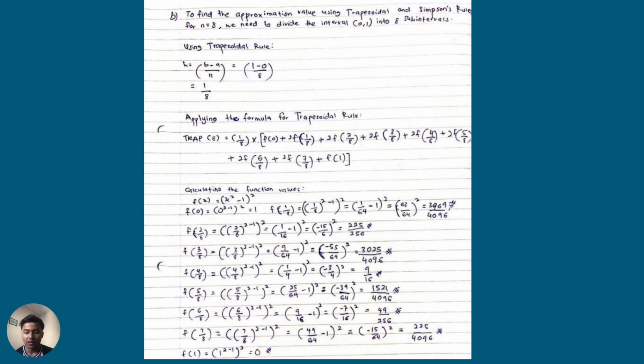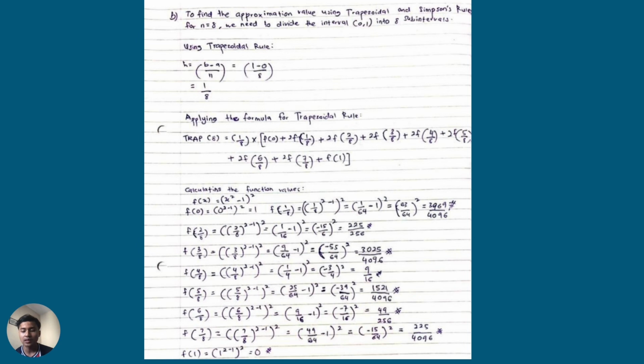So after that, we calculate the function values, and we can get f(x) equal (x^2 - 1)^2.